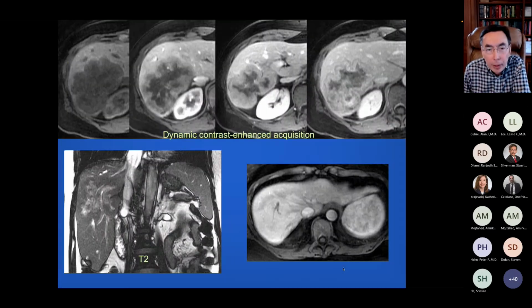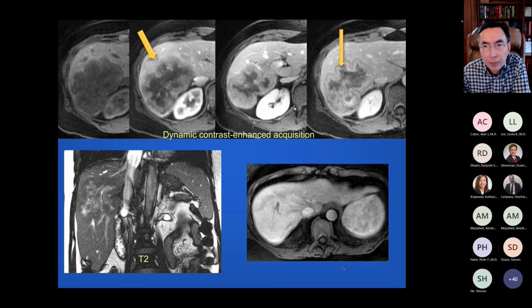So here's a patient, and honestly, I don't recall if this patient had risk factors for HCC, but let's say the patient did. So here we have a large mass with a lobular contour. It has kind of a laminated architecture, and the enhancement is somewhat progressive as we go through the later phases, and there is some peripheral rim washout.